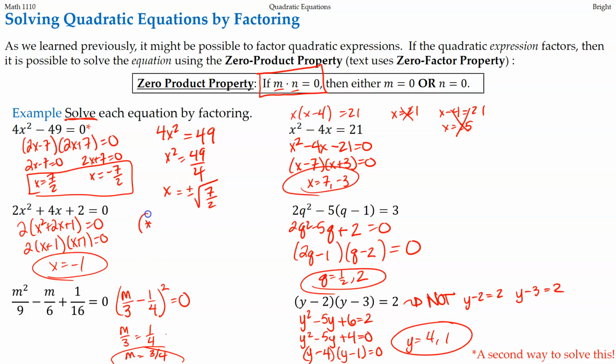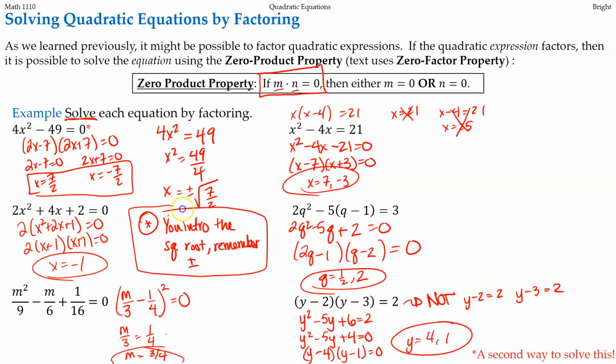Okay, so just a note here: when you introduce the square root, remember plus and minus. If the square root is there already, then you don't need to worry about it. Use the sign that's there.